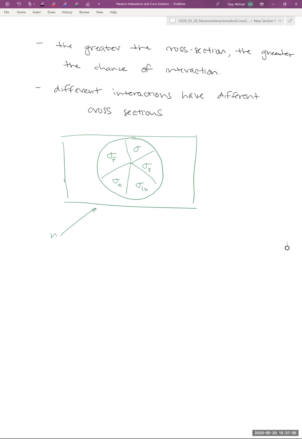You know what? I'm going to lump transmutation and capture into the same one. Or here, I can give it its own. And what we say then is that the total cross section in this area would be equal to the fission cross section plus the transmutation cross section plus the radiative capture cross section plus the inelastic scattering cross section plus the elastic scattering cross section.